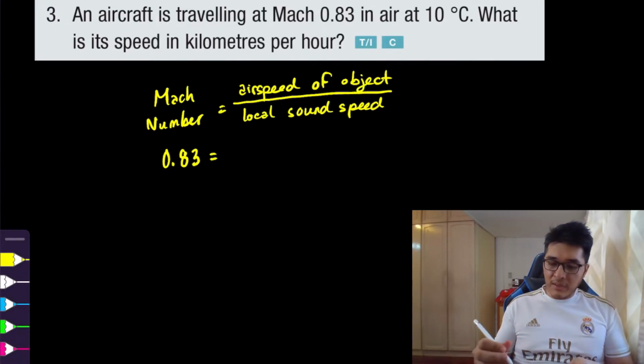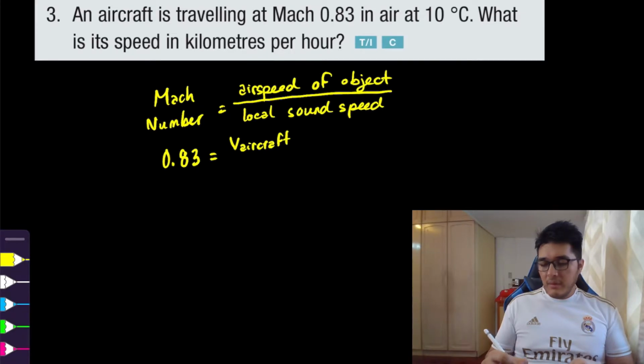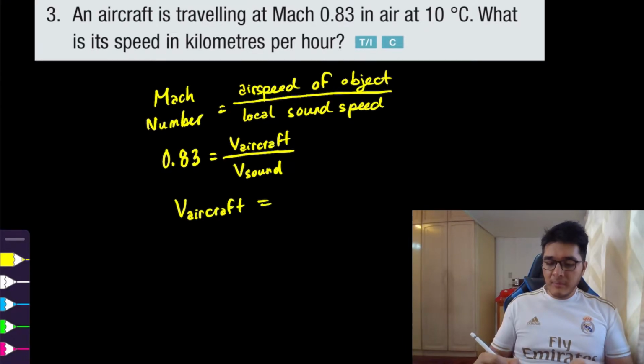So in this case, we suspect that the number should be less than 300. So let's double check here by putting in what we were given. So the speed of the aircraft and the local sound speed, so V sound. Like before, we're going to rearrange for the aircraft speed by multiplying both sides by the speed of sound. So the speed of the aircraft is 0.83 the speed of sound.